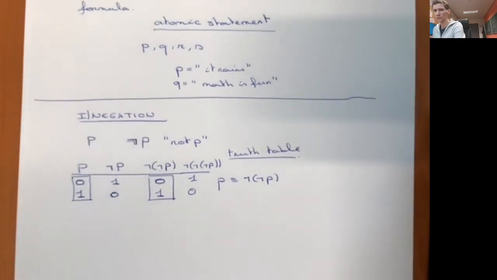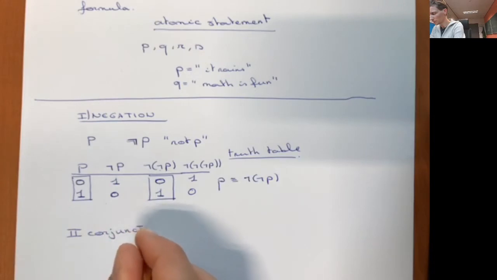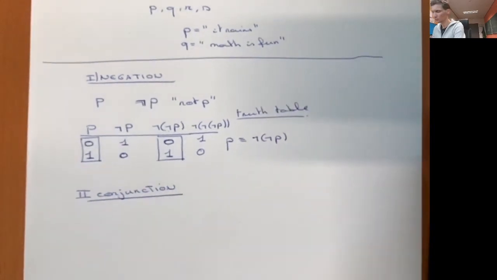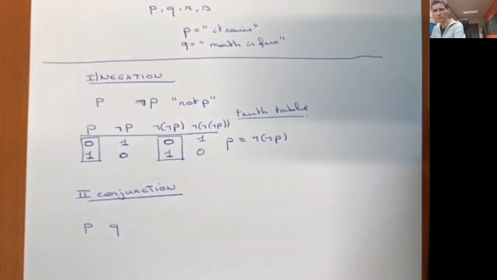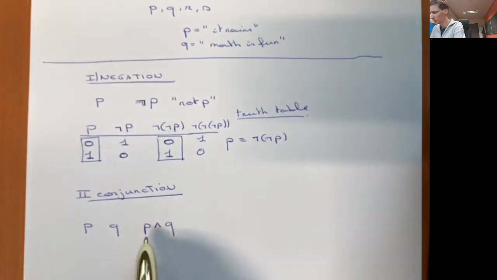Now let's look at a second, perhaps a little bit more interesting way, in the sense that it combines 2 formulas into a new one. And the second way how to combine formulas into a new one, this is called conjunction. So for conjunction, what do we have? We start with 2 formulas, let's say P and Q, and then from these 2 formulas we make a new formula, and we combine this with a symbol.